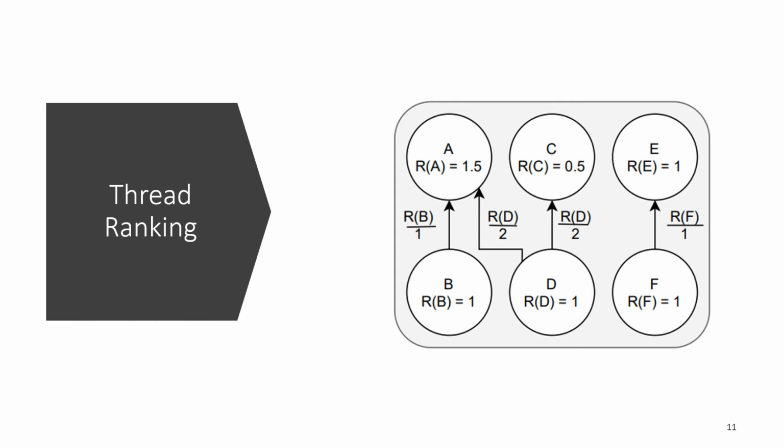As the number of links starting from a node increases, the weight that thread has decreases. So the weight of, say, a link starting from B would be less than a link starting from D. In this example, thread A would be considered a highly influential thread that we would want to consider in our analysis, whereas the thread marked with C would be less influential and probably excluded from the analysis.